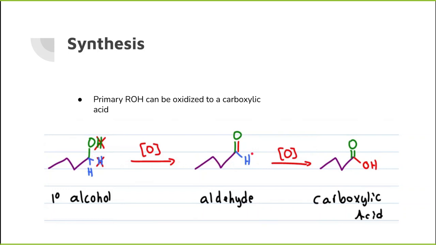And so you end up with a COH, which is an aldehyde. But then it can be oxidized even further into a carboxylic acid. And so what happens here is you lose this hydrogen, and then an oxygen hydrogen bonds in to that place.